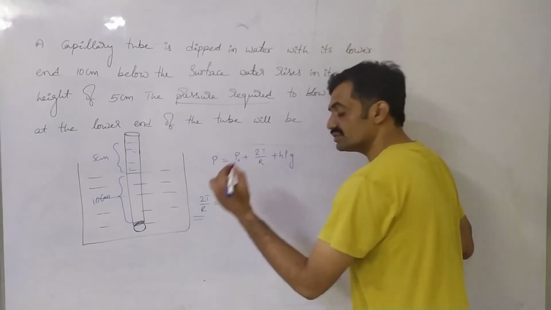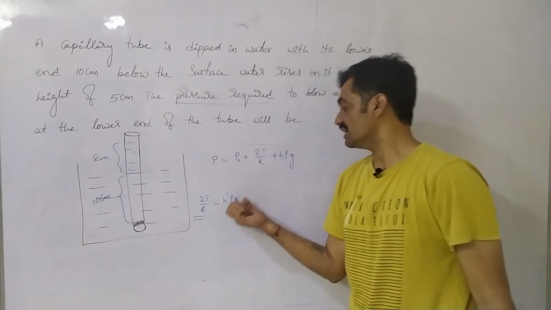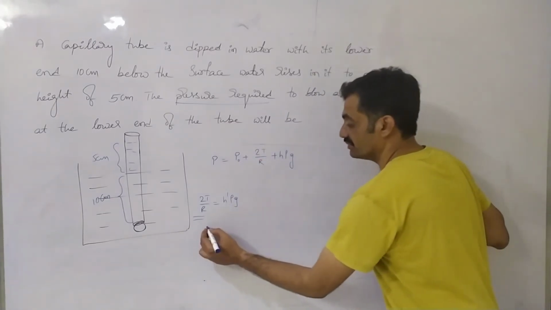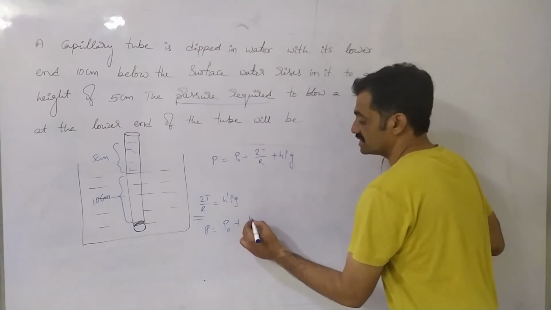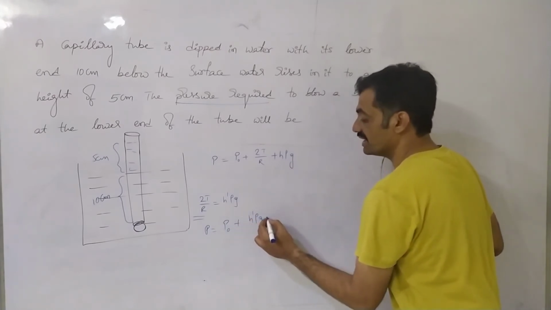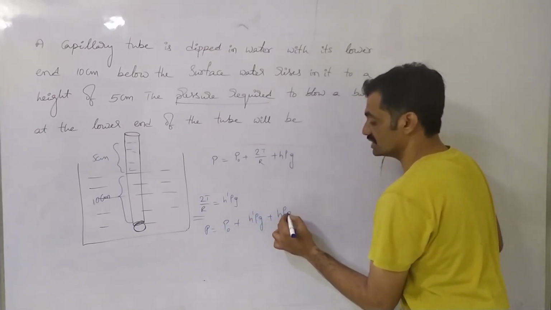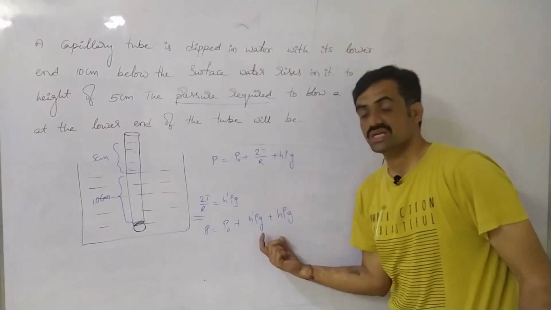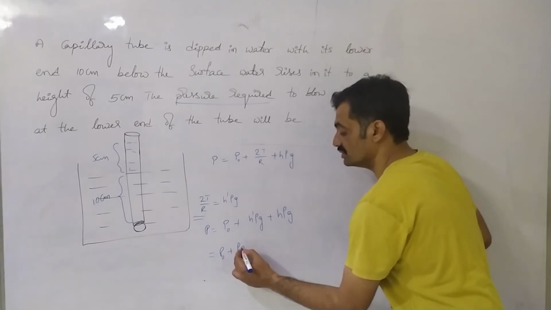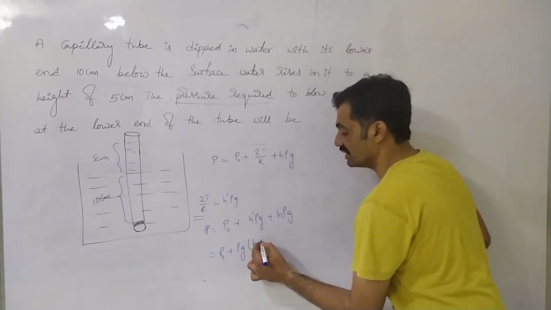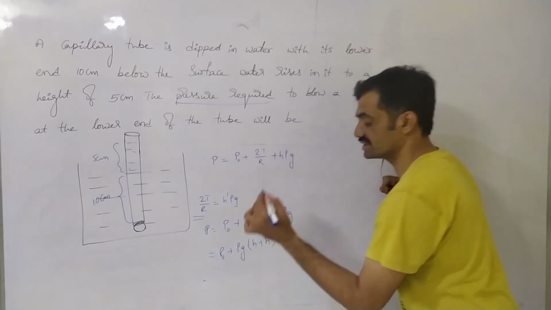So in the place of 2T by R, we are going to substitute h dash rho g. Then pressure equation can be given as P naught plus h dash rho g plus h rho g. Observe that here we can take rho g as common. Then expression can be given as P naught plus rho g into h plus h dash.